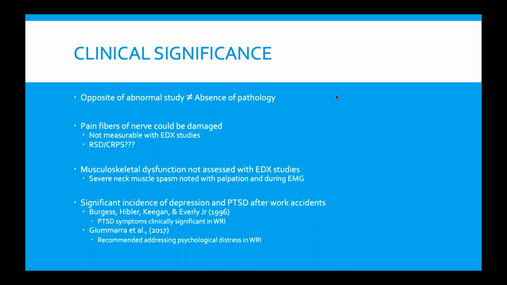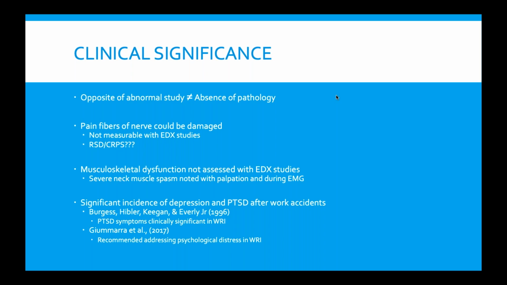Obviously, not counting any ulterior motives that a person on workers' compensation or other secondary gains might have, patients could legitimately be in pain, and he definitely had severe spasm of the paraspinal muscles.